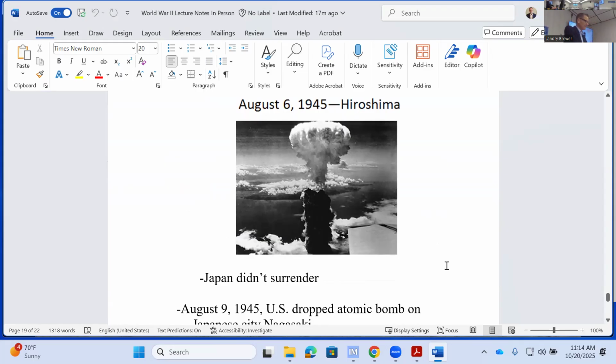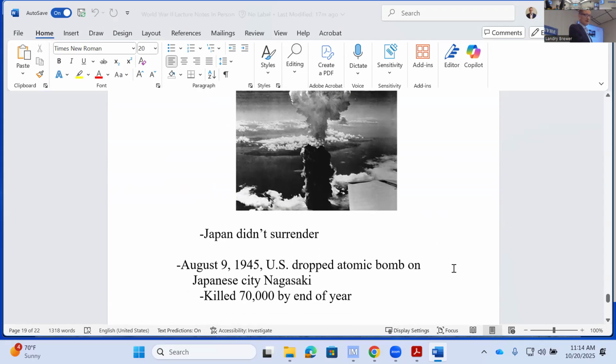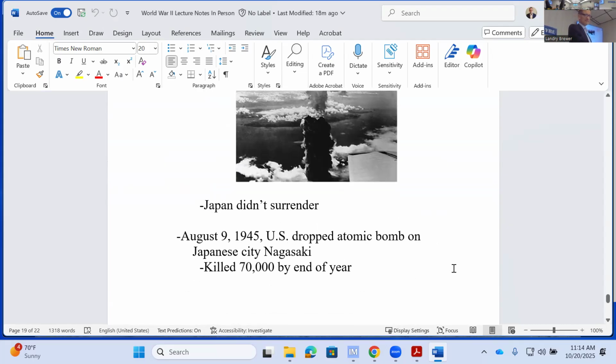That first atomic bomb dropped on Hiroshima was dropped on August 6th. Japan did not surrender. So 3 days later, the United States dropped a second atomic bomb, this time on the Japanese city Nagasaki. This bomb killed 70,000 people by the end of the year.